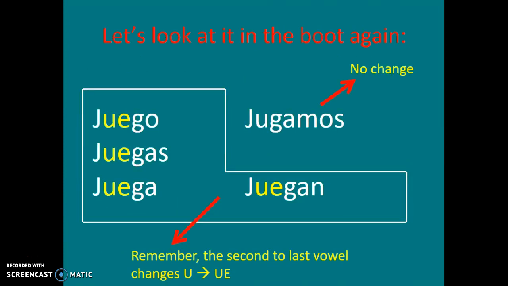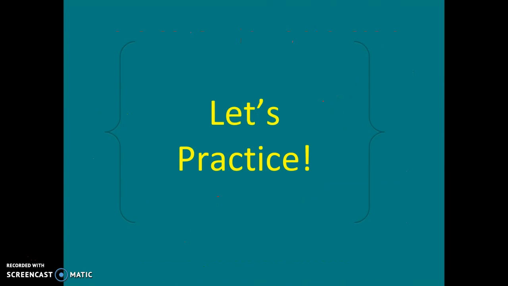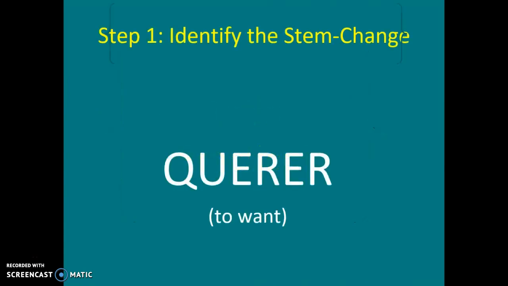Okay, so let's look at the boot again, just as a refresher before we move on to some practice. And let's practice. Okay, step 1. Identify the stem change. So I'm giving you the verb querer, which means to want, as you've learned in this chapter.